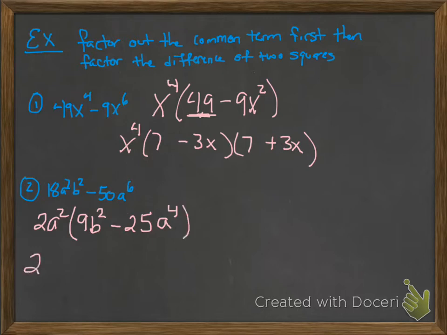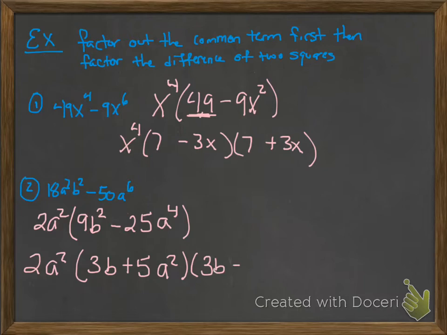So now I get 2a squared times 3b plus 5a squared, and 3b minus 5a squared.